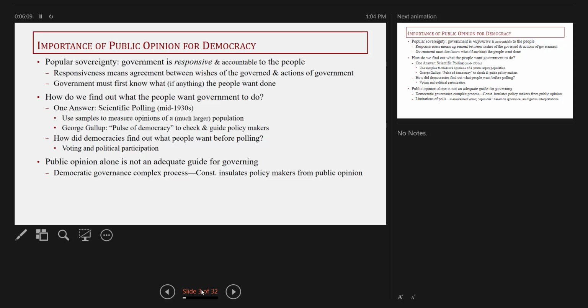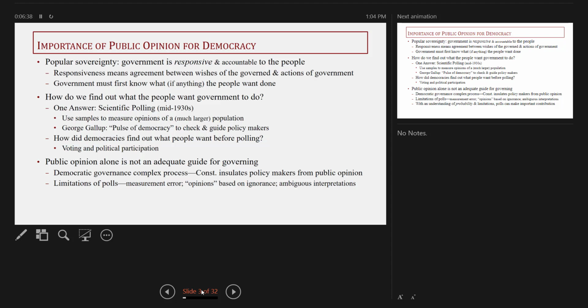We talked about some of that before: the longer term for the Senate, indirect election of the Senate originally, the electoral college, and so forth. So governing a democracy is a complex process, especially in the United States, where it's designed to be insulated from public opinion.